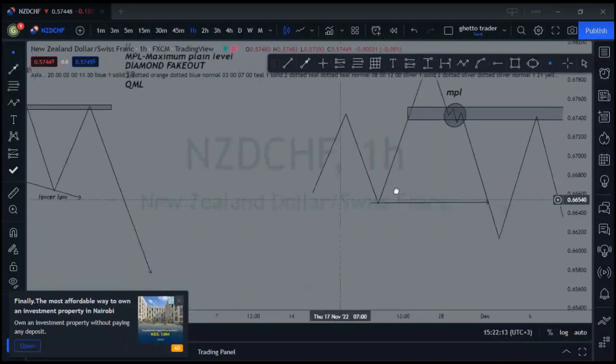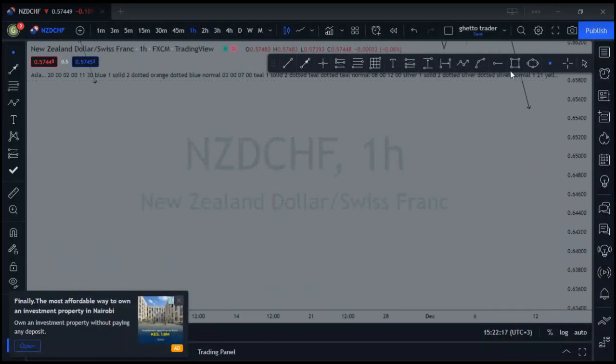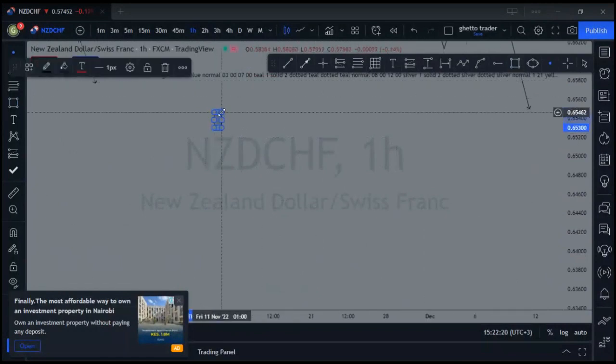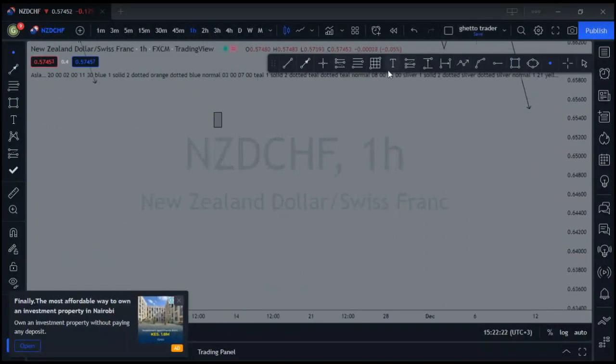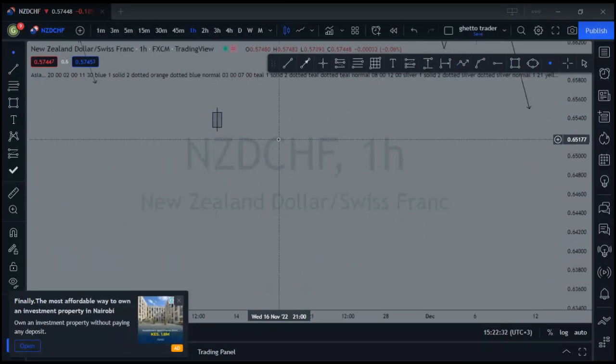How do you notice that? So this is how it might look like. That is a small candlestick, the wick at the center. Put it like that.